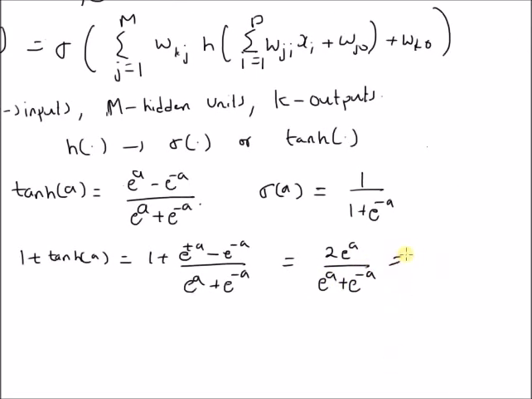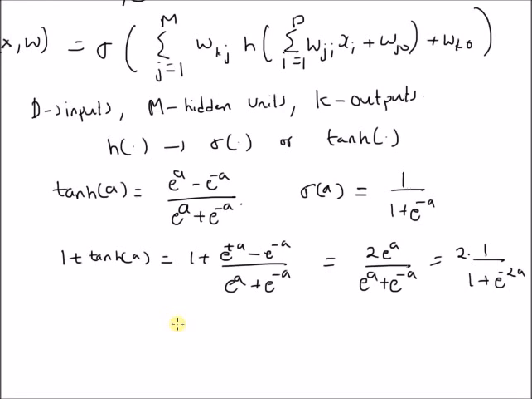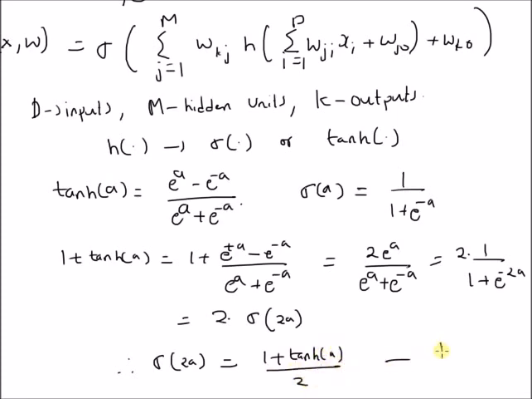Clearly this is equal to 2 times 1 by (1 plus e^-2A), which is equal to 2 times sigmoid of 2A. Therefore the sigmoid function of 2A is equal to (1 plus tanh of A) divided by 2. Let us call this equation 1.